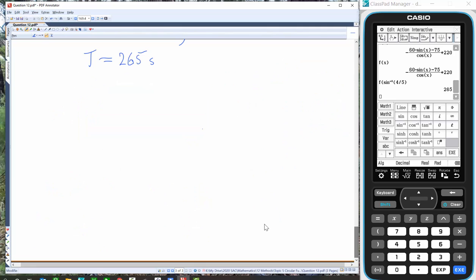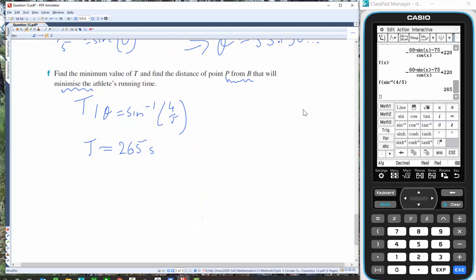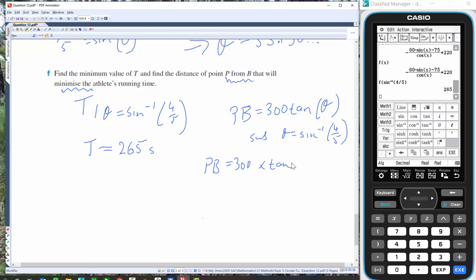So let's go back down to the end here and do distance PB equals 300 tan theta, and let's sub in theta equals sine inverse 4/5, the value of theta that minimizes the time. And we're going to find that PB equals 300 times the tan of sine inverse 4/5.